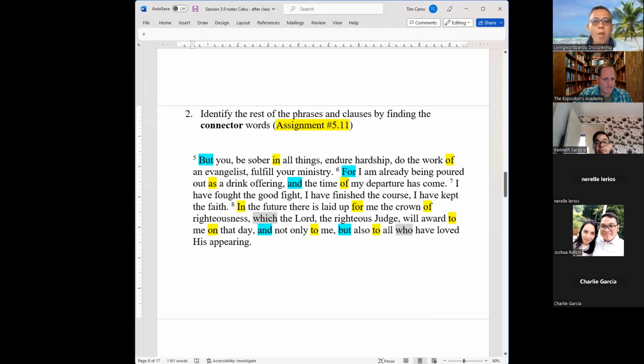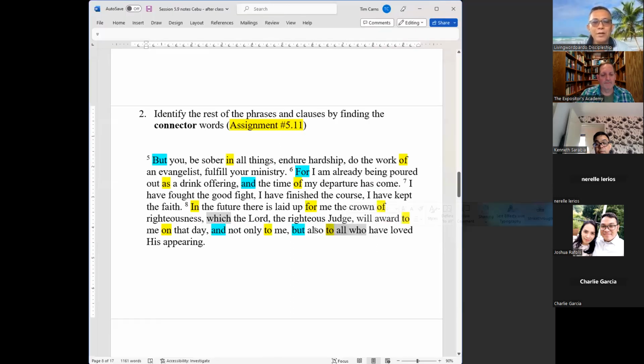How about also? Where is it? Where are we looking? After the but. Oh, here. Yeah, also is technically an adverb, so it's modifying, in this case, to me and to all.